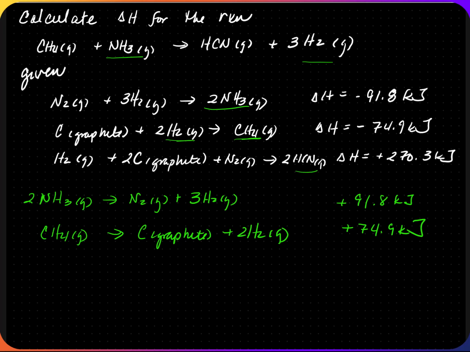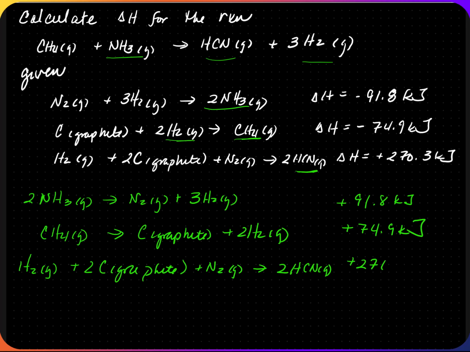In addition, HCN is on the product side in the original equation. So we're going to just recopy this as is. Since the equation was not changed, I'm going to leave the delta H as is, and it's going to remain positive. Now we're going to simplify this equation.